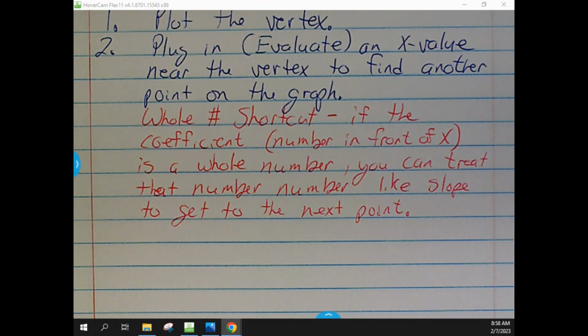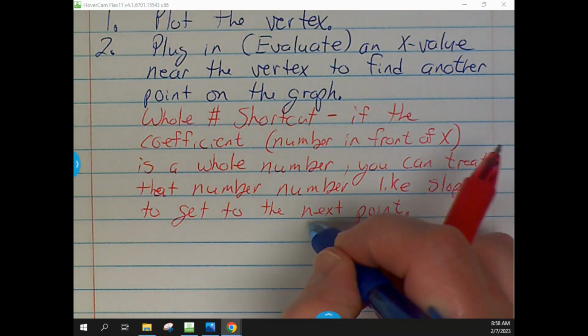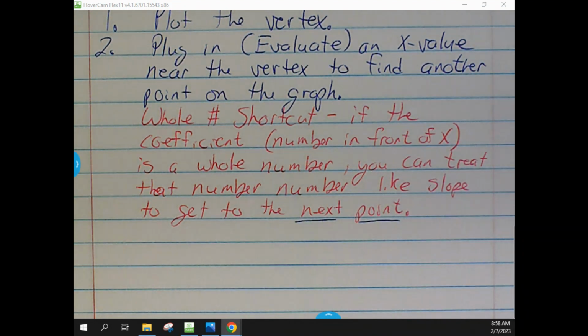If you can get one point on the graph, then on Math Excel, it will draw the entire graph for you. And the key thing is, it's only the next point. It doesn't work for anything after the next point that's right beside the vertex. It doesn't work for two units away or 3 units away. It only works for 1 unit away, based on whatever that whole number is.